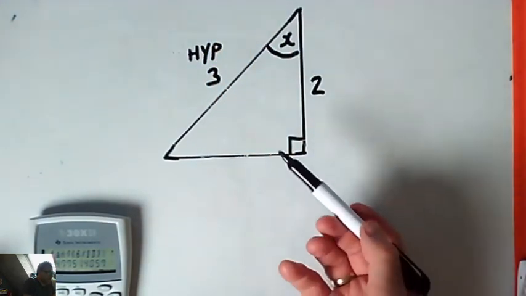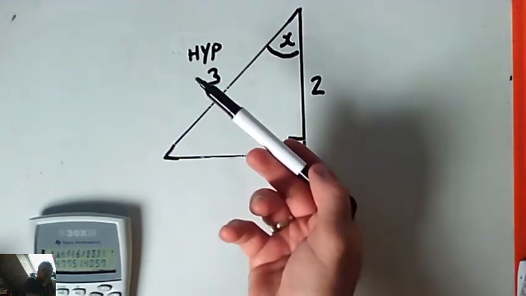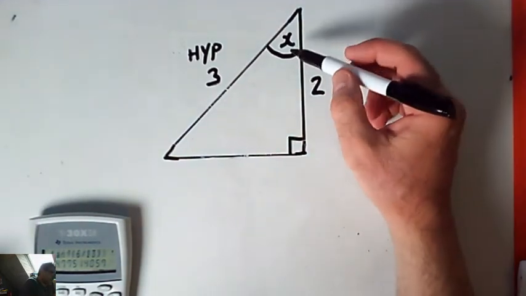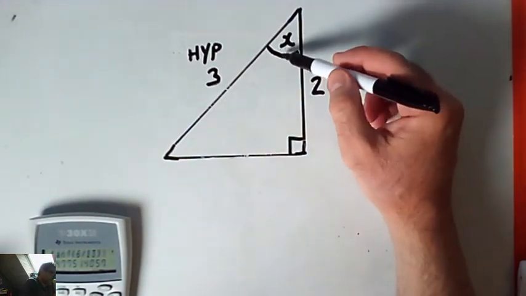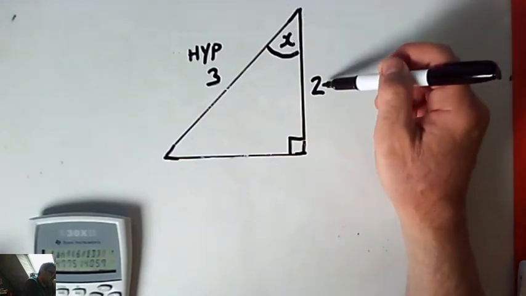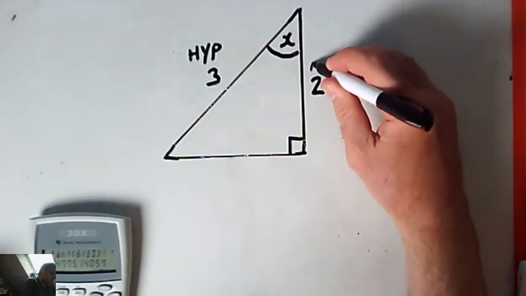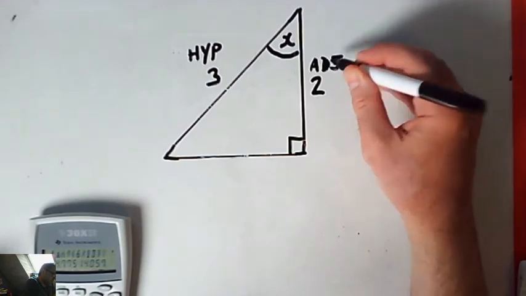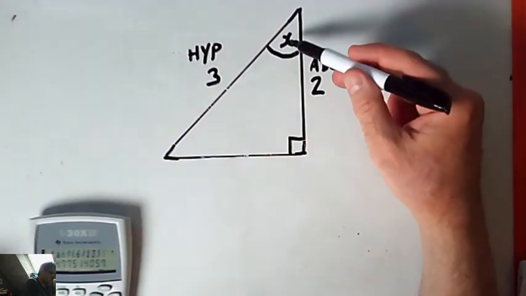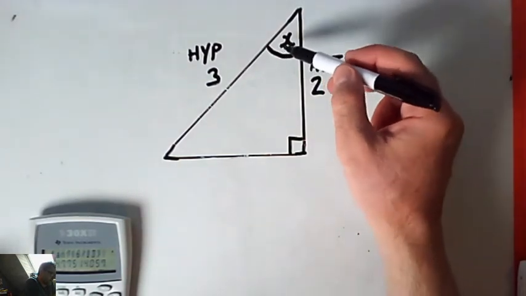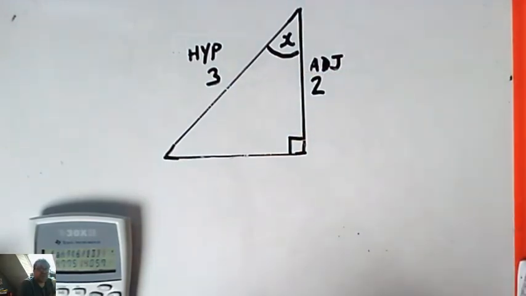We know it's the longest side because it's across from the biggest angle. The angle that we're trying to find out is x here, and the 2 here is adjacent to it. The adjacent side being the one that's next to the angle that we're talking about, but isn't the hypotenuse. So we've got adjacent and hypotenuse.